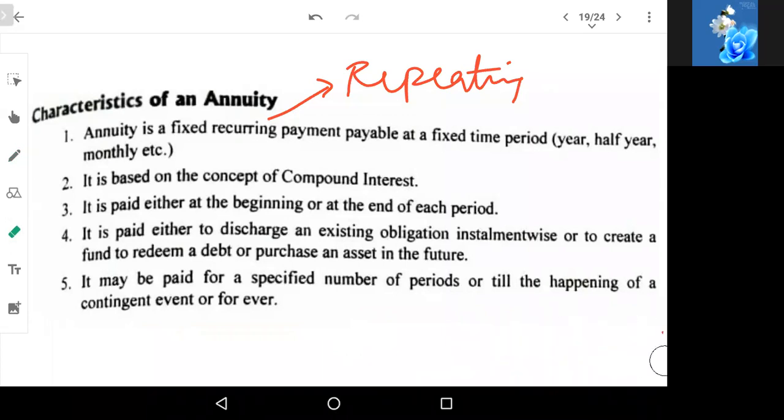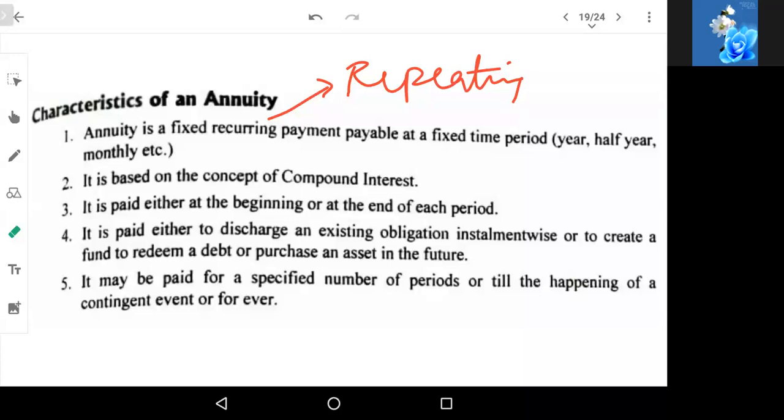Now in depreciation accounting, they will save certain money. Every company will save the money so that they can change the old machinery to new machinery. Correct? That also has the base of the annuity concept in it. So those are the characteristics of annuity.